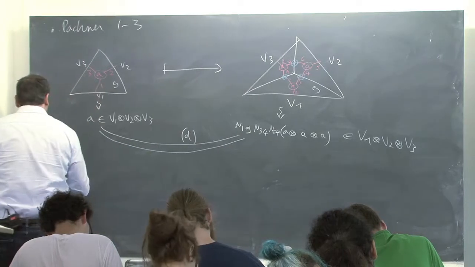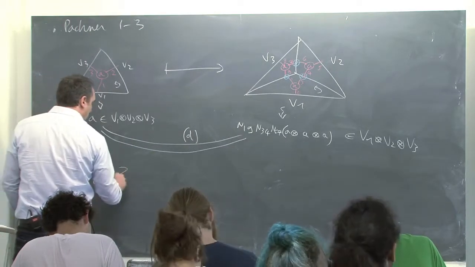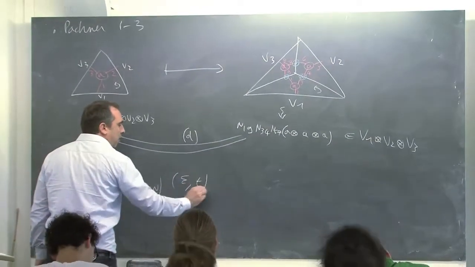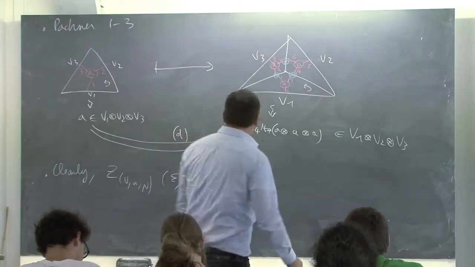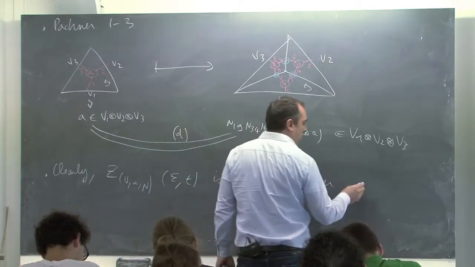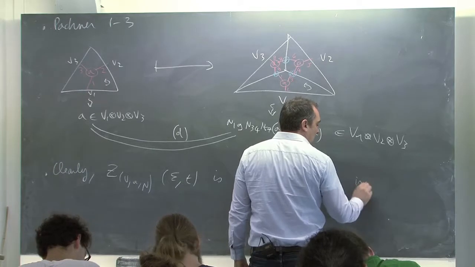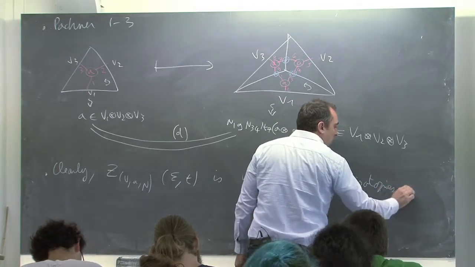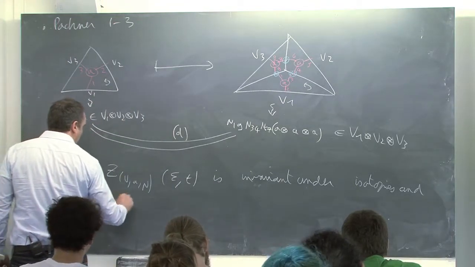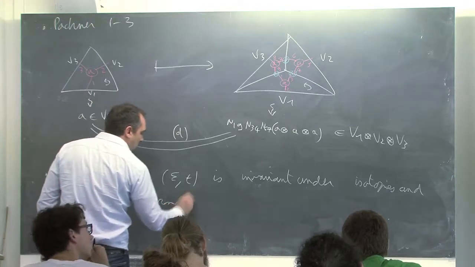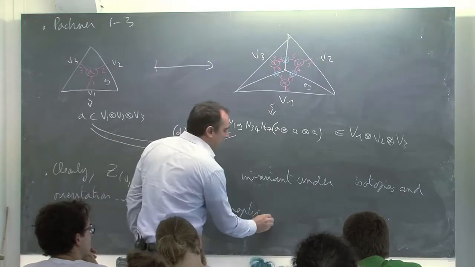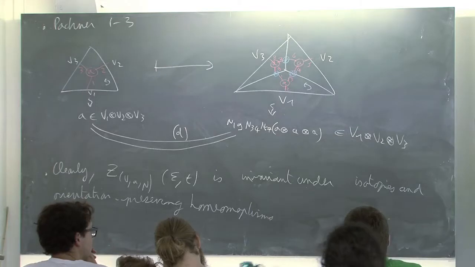And clearly, Z V mu of sigma T is invariant under isotopies and orientation preserving homeomorphism, because here the configuration in this case are the same.